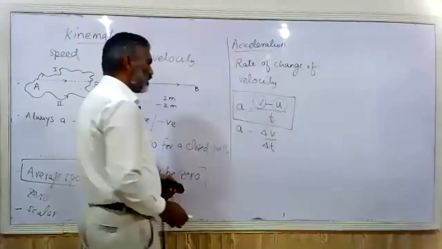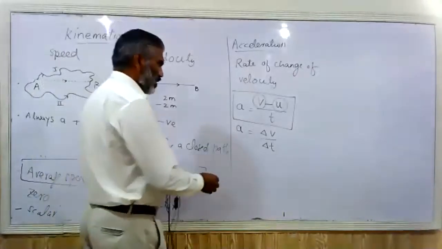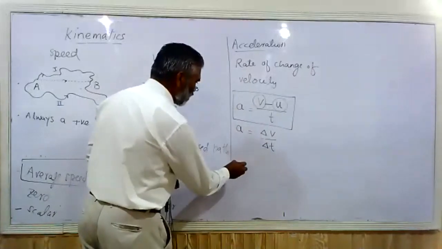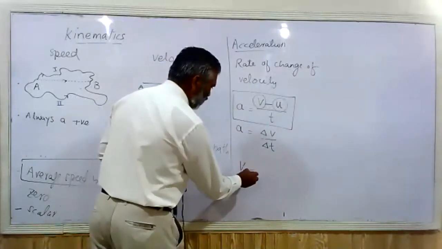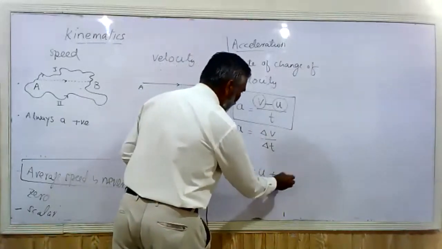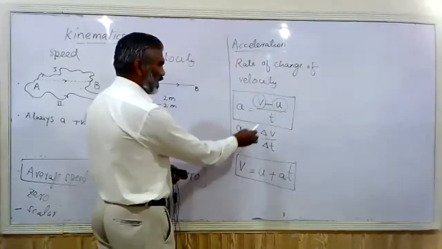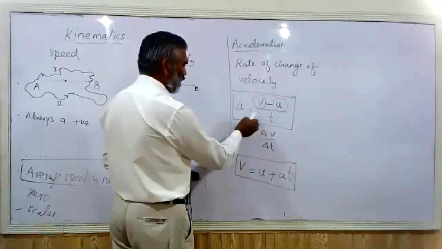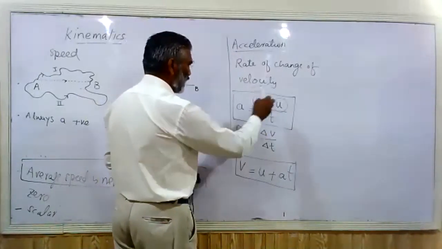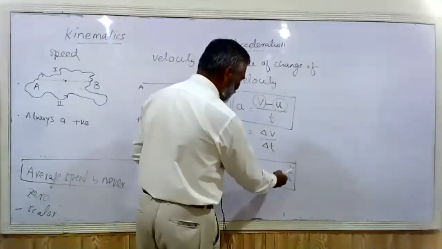And this is going to be our starting point in the next lecture. When I rearrange these terms, it becomes V is equal to U plus AT. When you multiply, V minus U is equal to AT, and then you bring U to the other side to make it positive, so V becomes U plus AT.